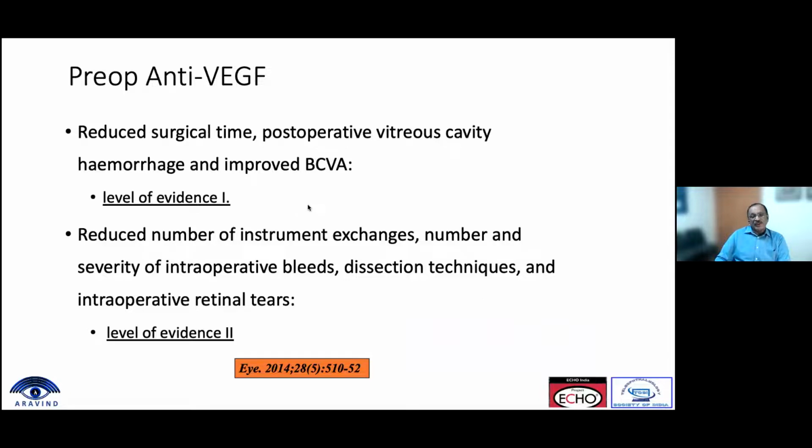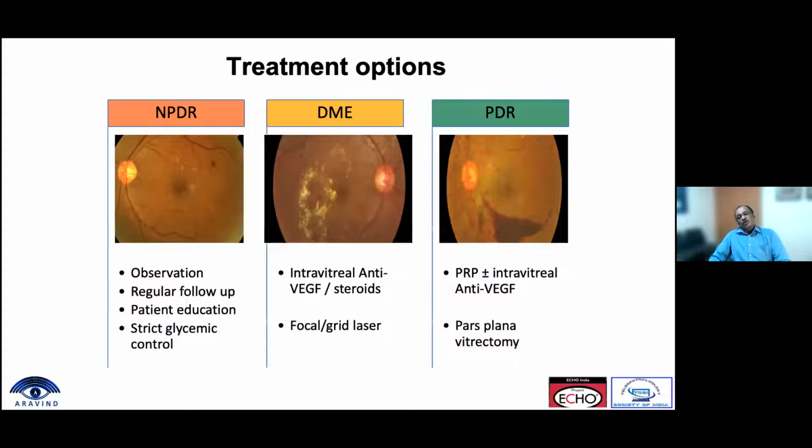There is level 2 evidence that there is a reduced number of instrument exchanges or severe intraoperative bleeds that you may see. So very many surgeons today use preoperative anti-VEGF, and some also use postoperative anti-VEGF injections to reduce vitreous hemorrhage postoperatively.